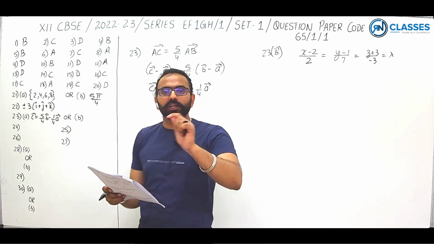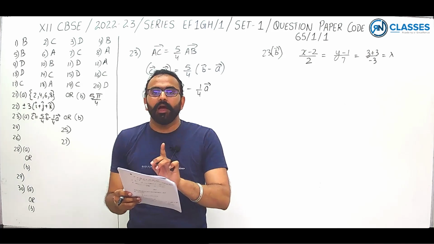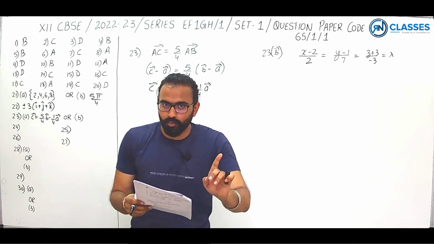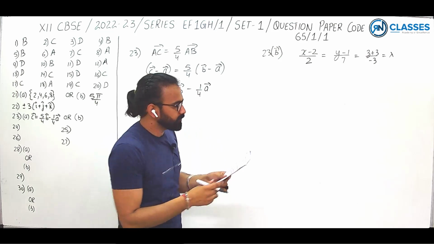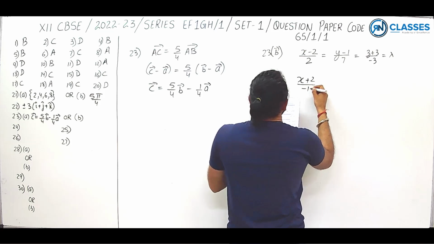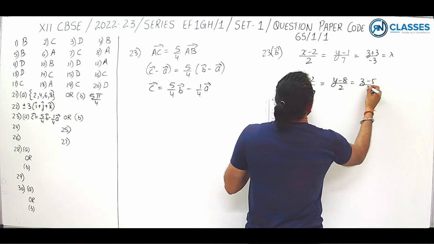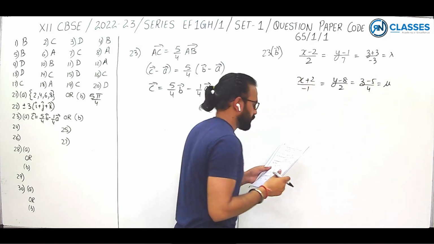Similarly from the second equation we can write x, y and z equals to mu की फॉर्म में. कैसे? x plus 2 by minus 1 equals y minus 8 by 2 equals z minus 5 by 4, all these are equal to mu.